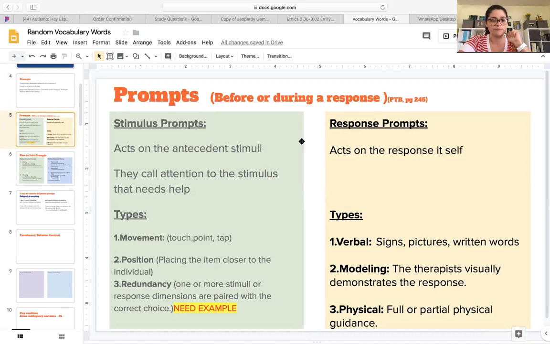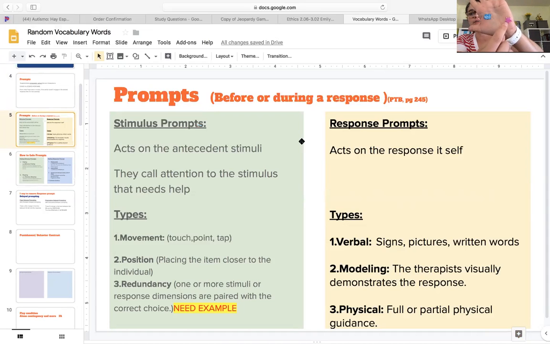The other type of stimulus prompt is called position, which is placing the item closer to the individual. Let's say the person is sitting, and my watch is the client. The stimulus is closer to the client. Again, what am I moving?